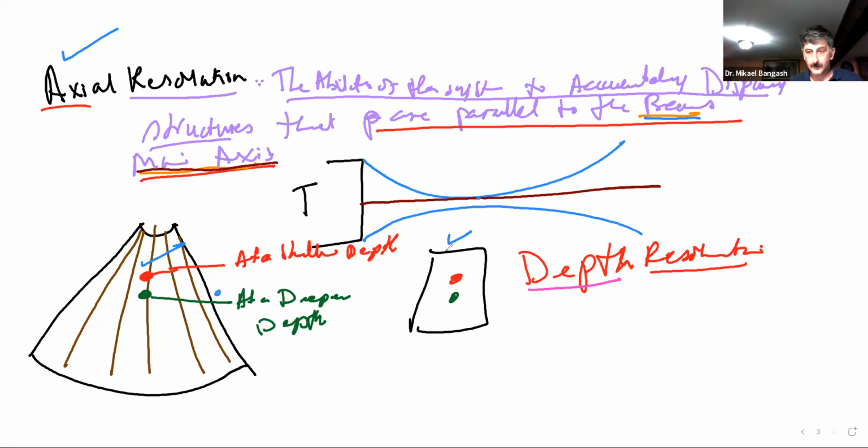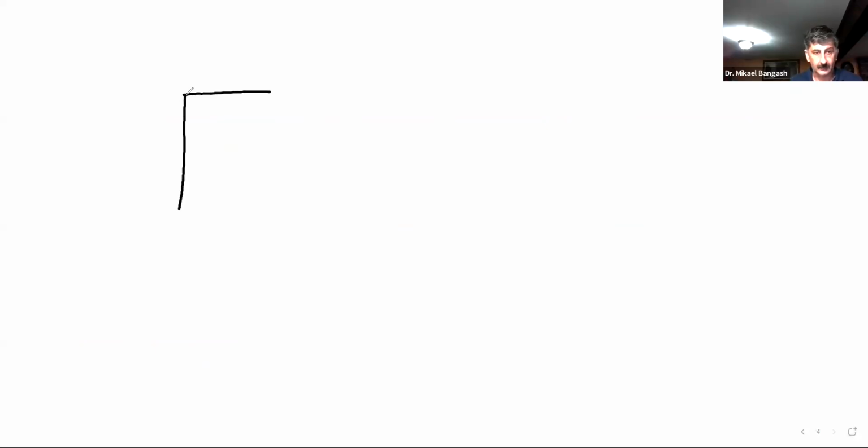Do you mind if I go to another slide? Go ahead. Look there. Let's say this is the area that you're scanning. Practically, this is where you place your transducer. Now what do we have here? We have two structures.